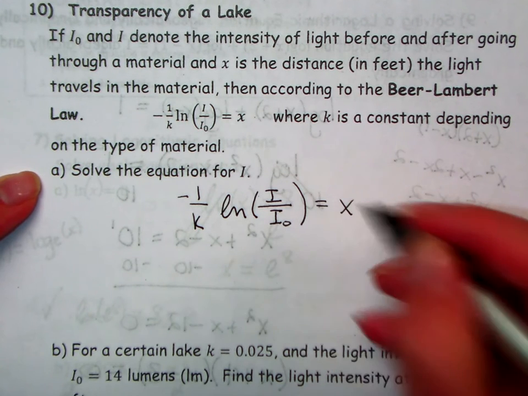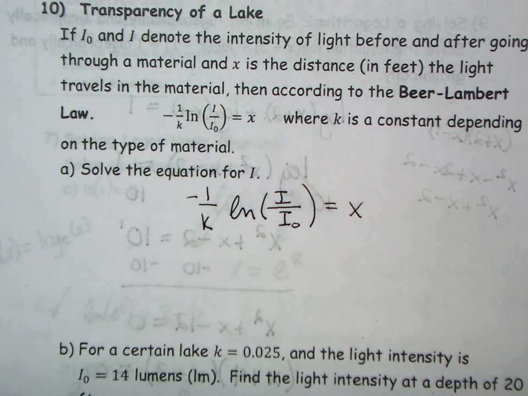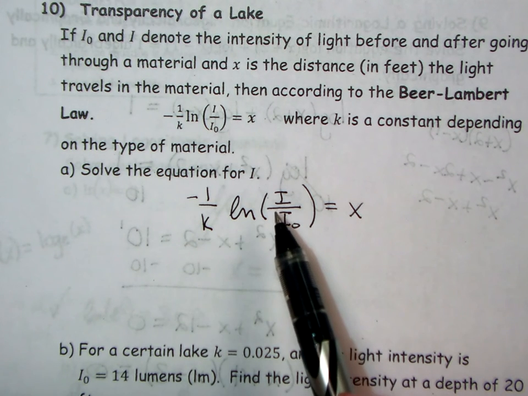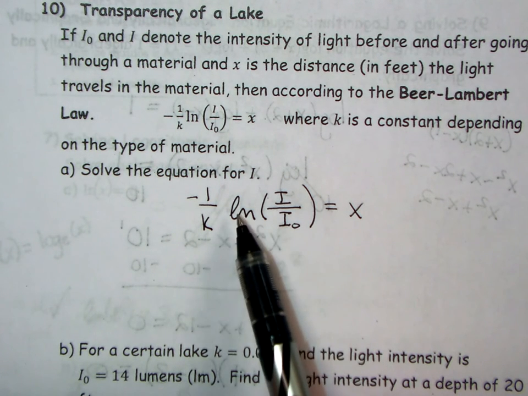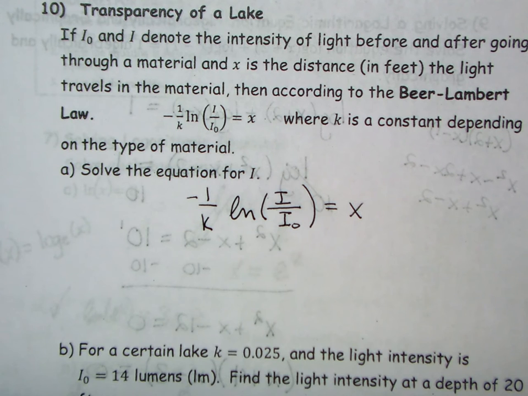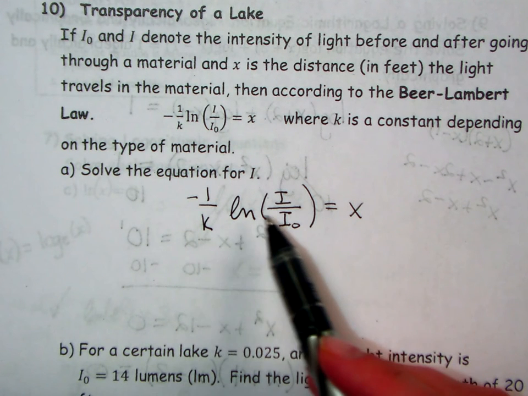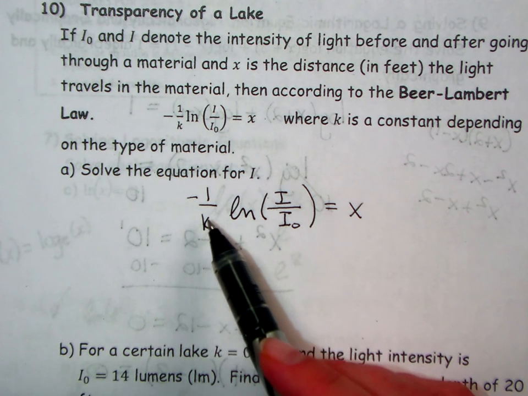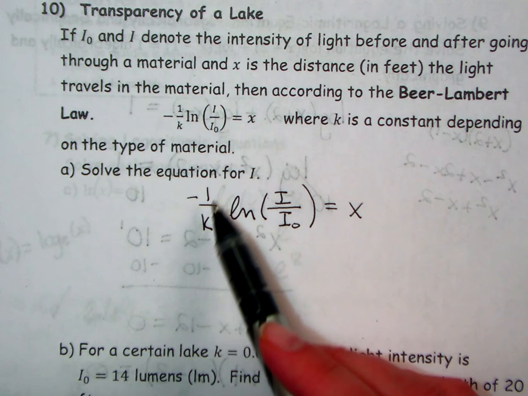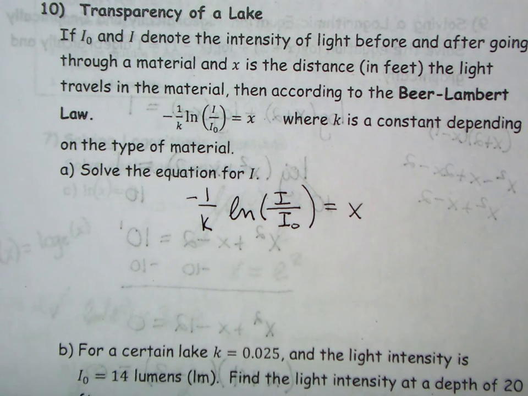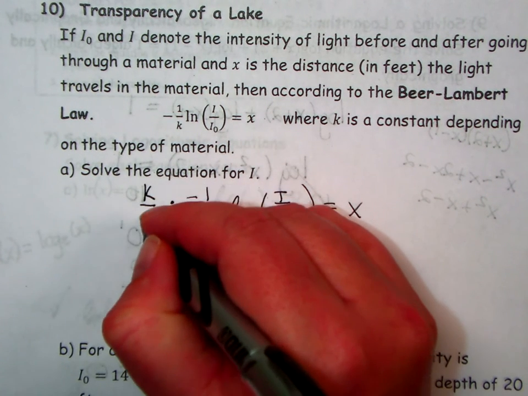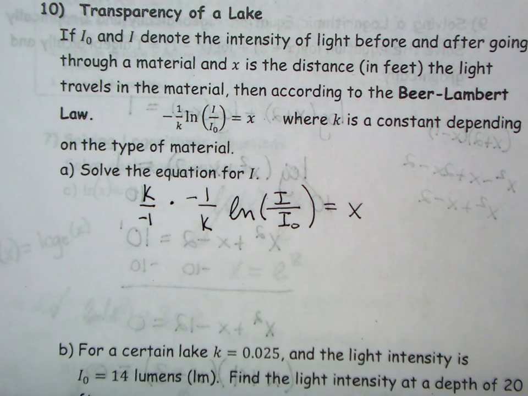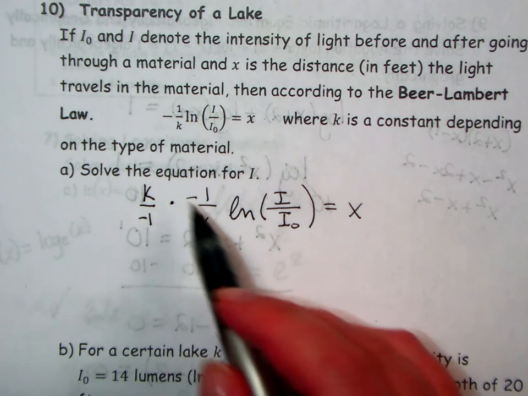Right now it's solved for X, which is the distance. If we want to solve this equation for I, we have a natural logarithm. In order to solve for I, which is the argument of the natural logarithm, we need to get rid of this coefficient, negative 1 over K. The easiest thing to do is multiply by the reciprocal. That'll cancel this constant out.